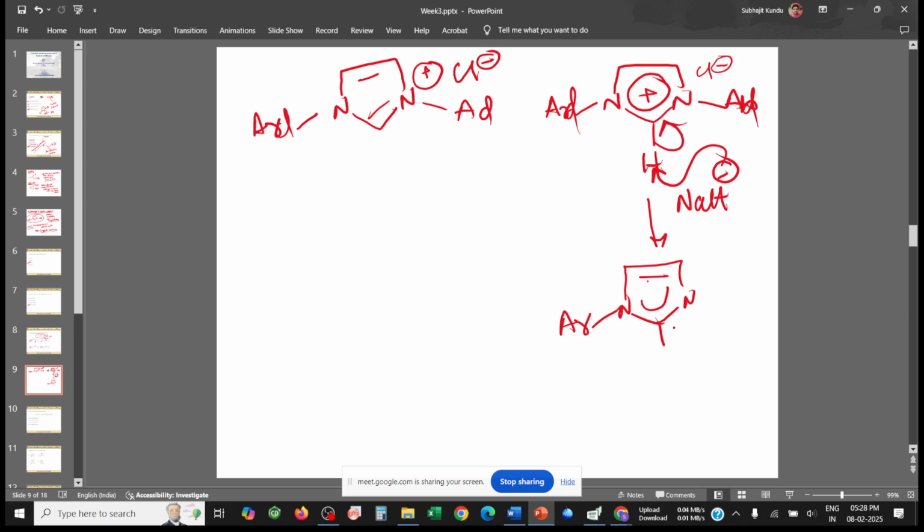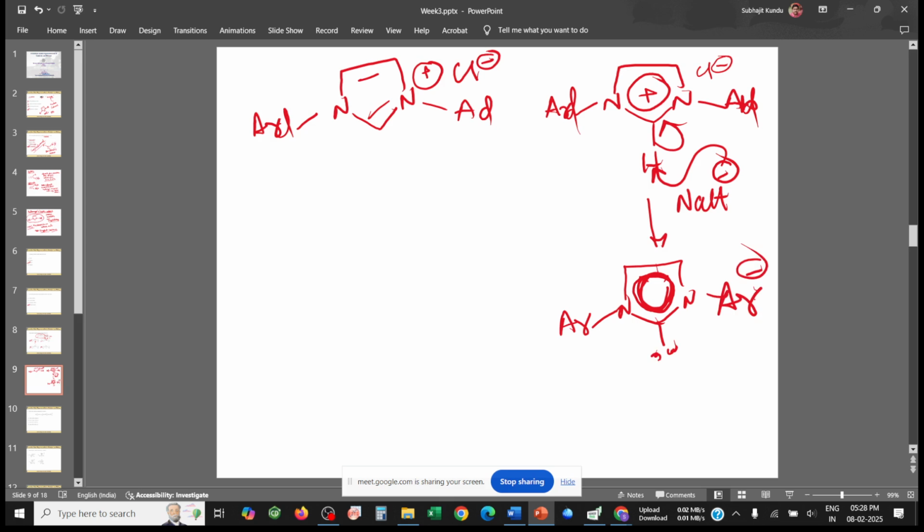As this carbene is resonating with the two nitrogens and the other double bond is there, that is unsaturated, we can make a round circle to denote this. So this is the adamantyl group.